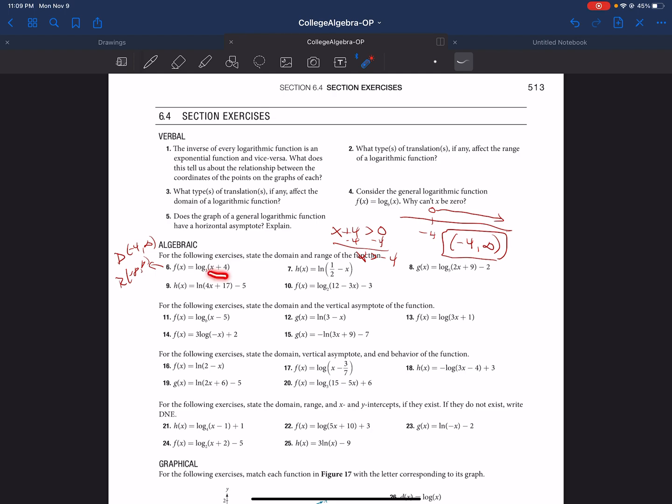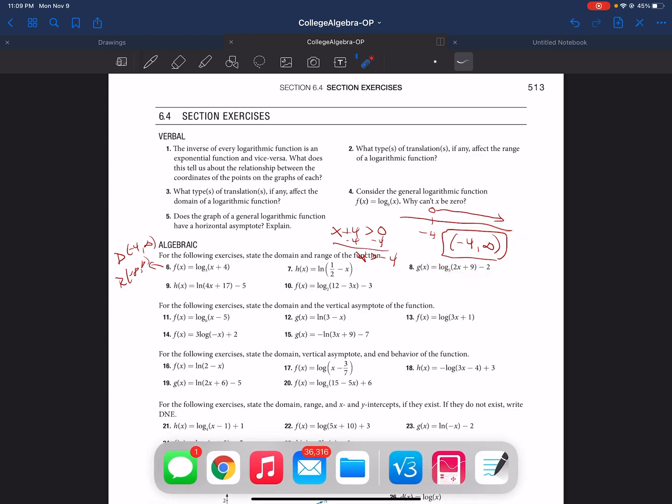It drives the function to the left by 4. So if the original domain was 0 to infinity and you went left 4, now it should be negative 4 to infinity. So there it is right there.